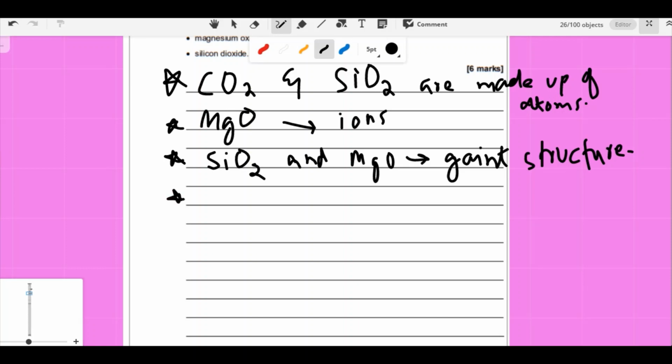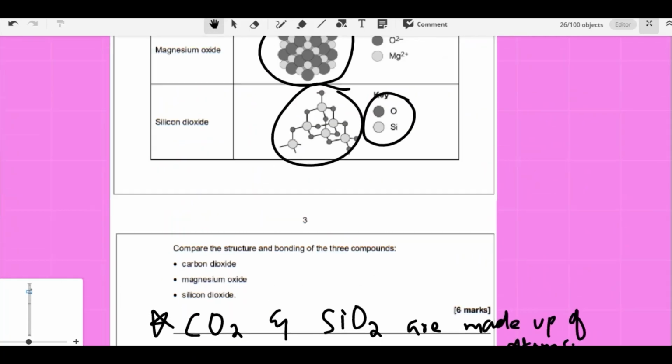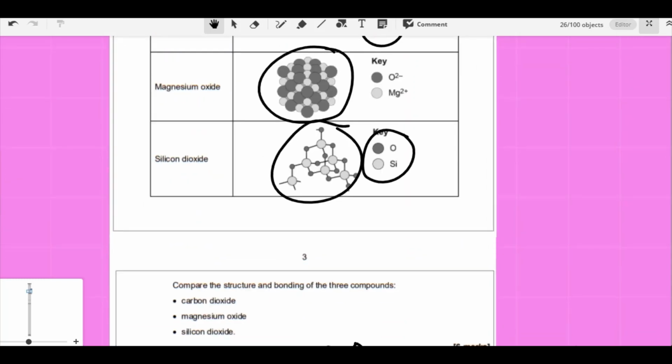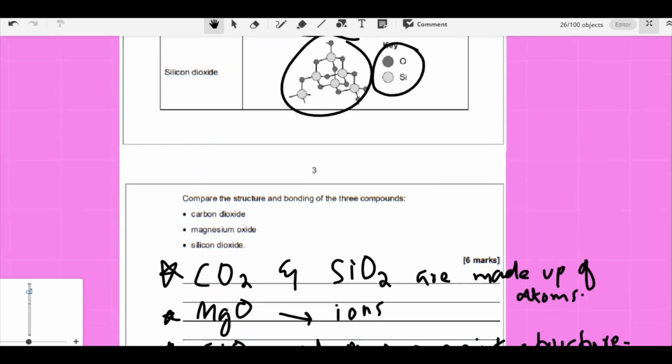While for the third point, carbon dioxide and silicon dioxide are made up of covalent bonds, while magnesium oxide has ionic bonds.